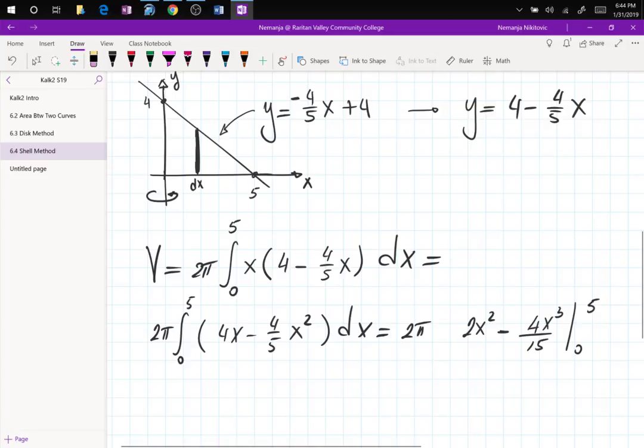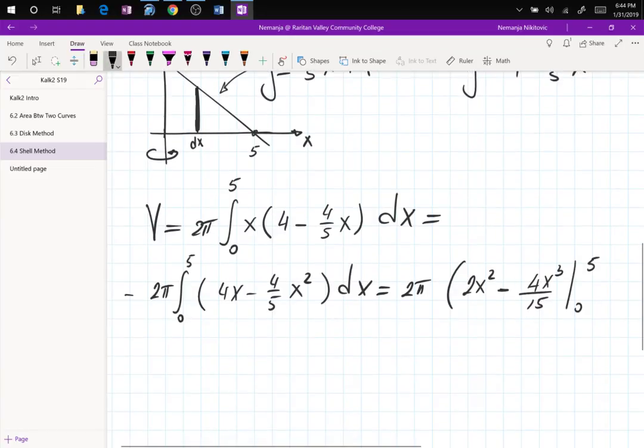No one would ever know. We're not supposed to have integral sign there, we integrated, okay? So now, 2 pi, open parenthesis, plug in 5, so that's going to be 2 times 25, that's 50, minus plug in 5, that's 125 times 4, that's 500, over 15, that's going to be 100 over 3, or something like that.